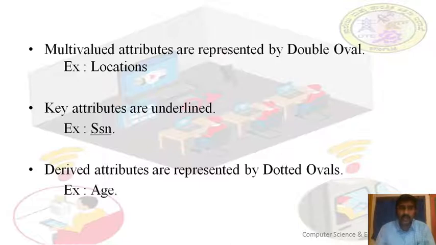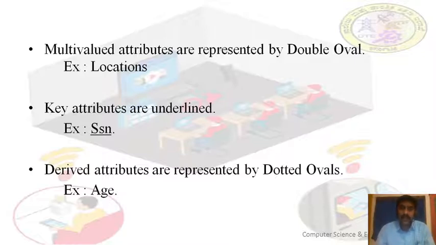The multi-value attributes are represented by a double oval, for example the location attribute of the department entity type. Key attributes are underlined. When we specify the key attribute, it is an oval shape with an underline, for example SSN of the employee entity type.